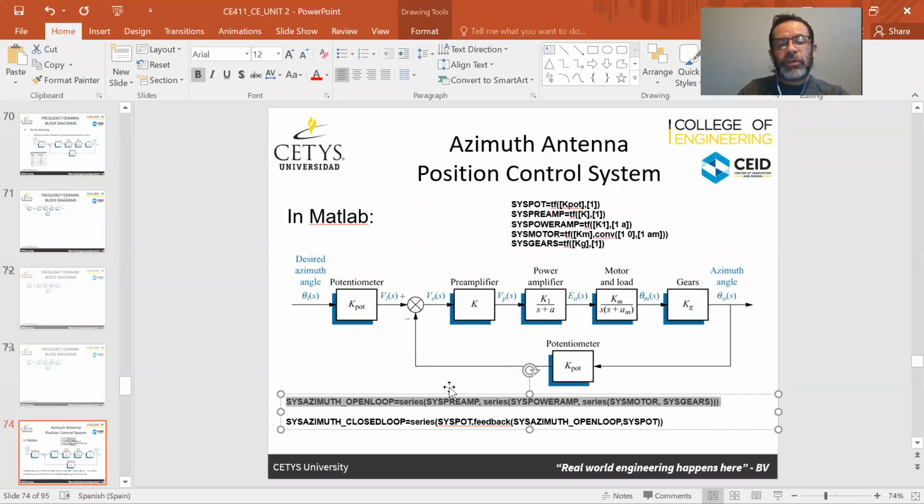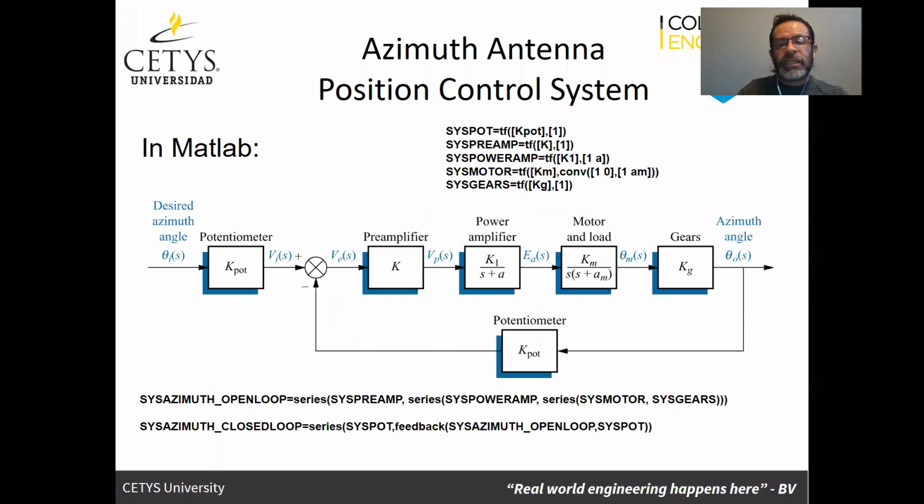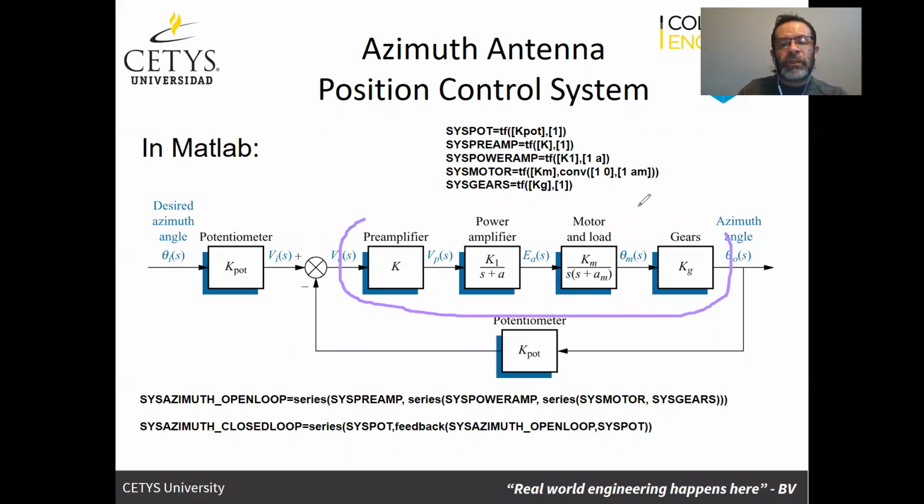Lastly, what we have to do is that this transfer function that we had here, we are going to do a feedback. There is a function in Matlab that's called feedback, which basically applies the feedback function to a G of S that I'm giving it, and an H of S that I'm giving it also.